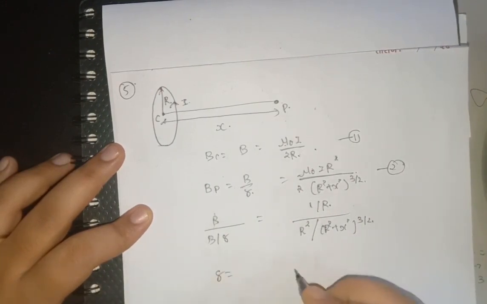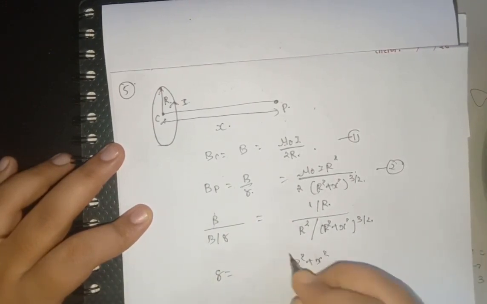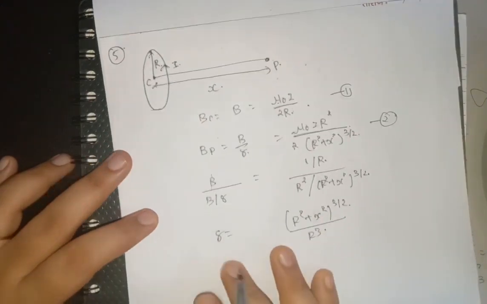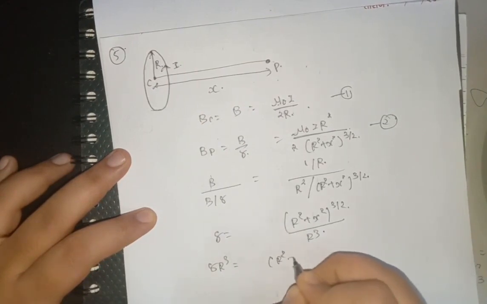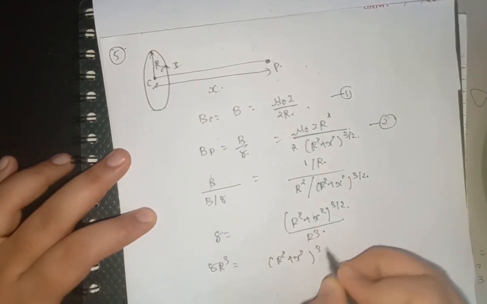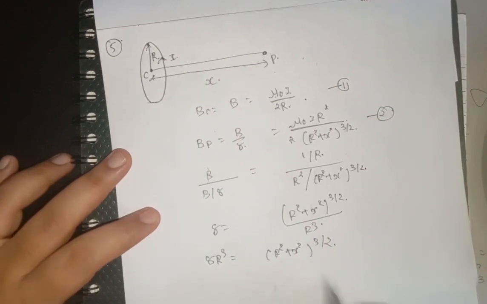So 8 equals (r square plus x square) power 3 by 2 divided by r cube.